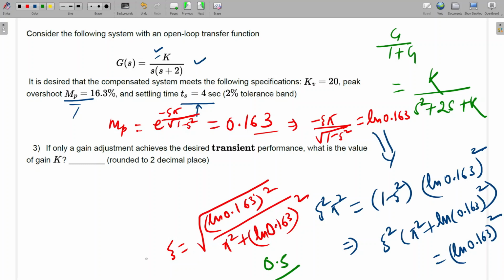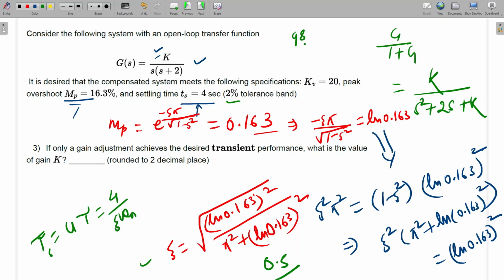And this one value we have calculated. What is the second value? Ts. So Ts is given. Ts for 2% will be 4 tau. For 2% tolerance, it means it will reach 98%. So it will be 4 divided by zeta omega n.